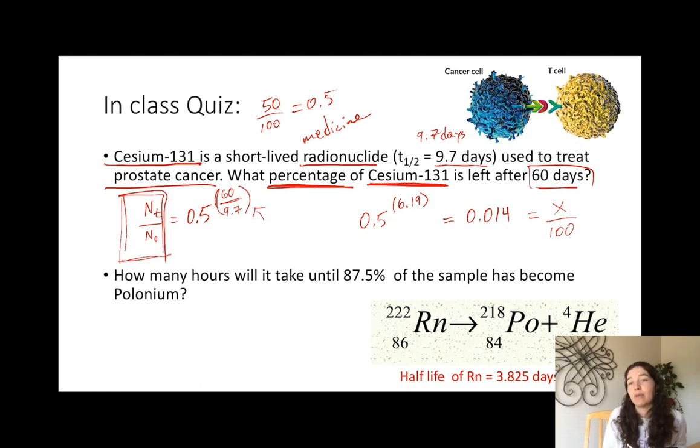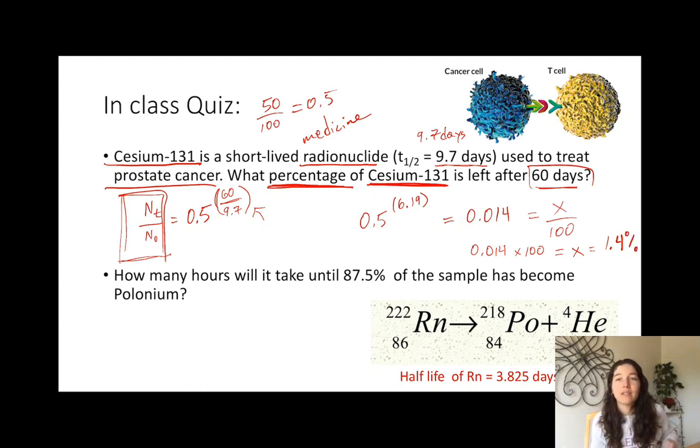That's how we determine our percentage. So we can take 0.014 times 100, and that will give us our percentage out of 100. And we find that our x is equal to 1.4. So 1.4% is what's left after this cesium-131 has been inside the patient's body for 60 days.